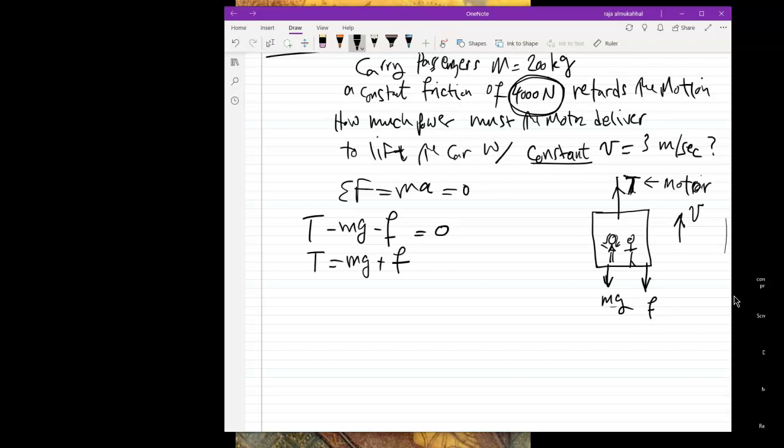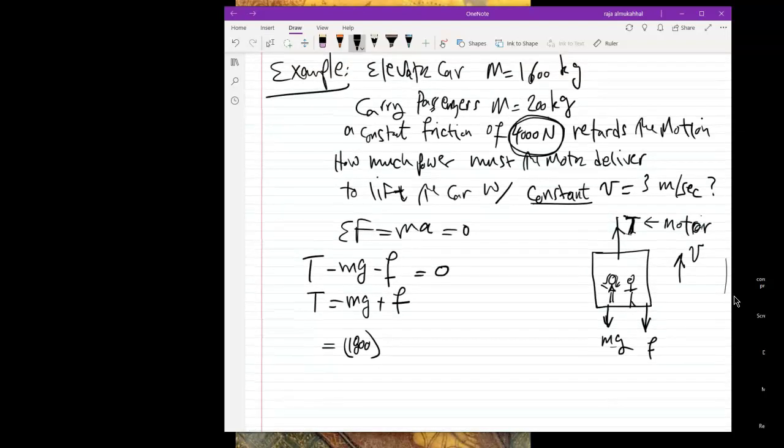mg is nothing but the mass of the elevator plus the mass of the passengers. So that's just going to be 1,800, correct? 200 plus 1,600 times 9.8 plus 4,000. And there we go. For this, I can calculate the total tension given by the motor.